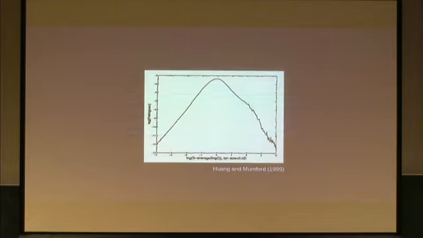So we used some other stuff here. This is classic work by Huang and Mumford. So this is the statistics of natural images from some standard database. So this is the log histogram, log luminance. You can see that this is the average behavior of natural images.